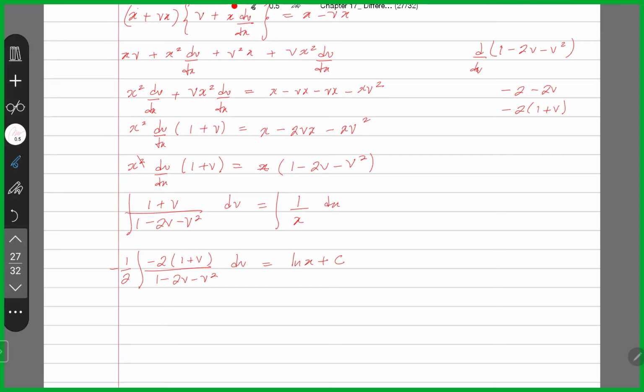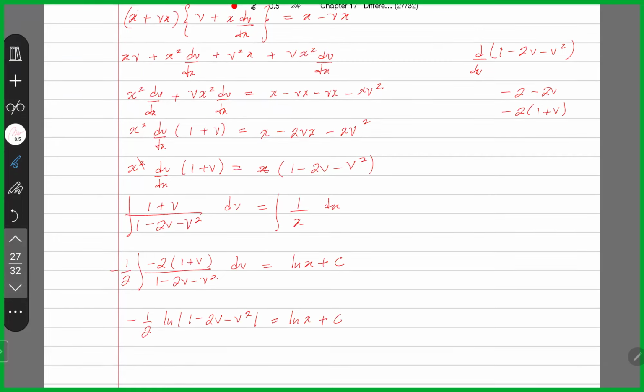So since the numerator is the differential of the denominator, we're going to get minus a half ln (1 minus 2v minus v squared), and this is equal to ln x plus c. All right, we need to get back y in there. y is equal to vx, so v is equal to y over x.